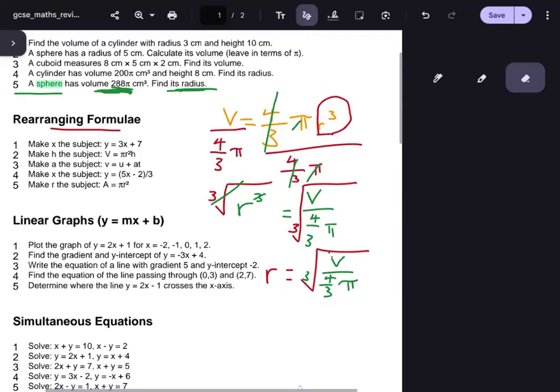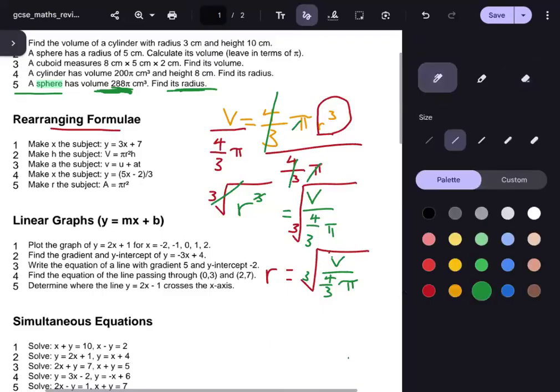You should see a sign on your calculator that looks like that. Yeah, I can see it.